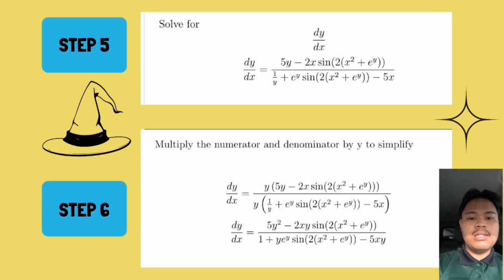We multiply the numerator and denominator by y to remove the fraction in the denominator. After simplifying, I obtain the final expression for dy/dx. So to complete this question, I used implicit differentiation, the product rule, and the chain rule.